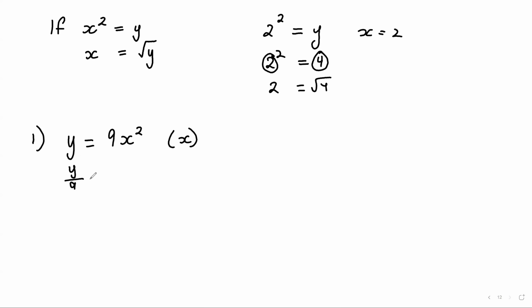So y divided by 9 is equal to x squared, and therefore x will be equal to the square root of y over 9. So that would be the answer. But you could even simplify this a step further, but for this level, you all don't need to know this, so we'll leave it as that.